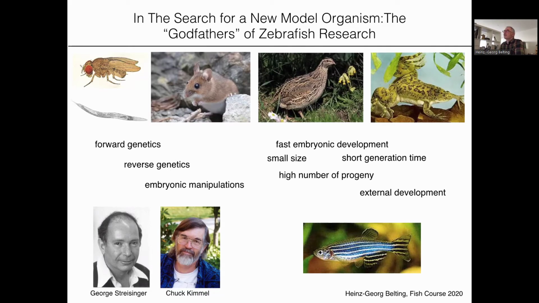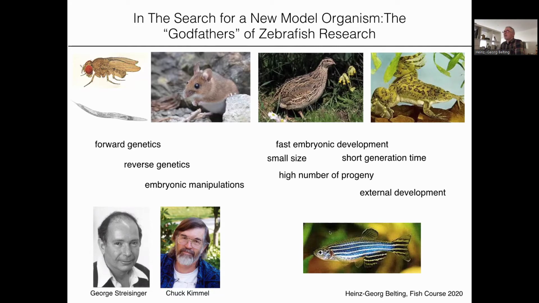These models here were good for different things. With mouse, you can do reverse genetics, and it's a mammal, so it's interesting. With chick or quail, people were able to do embryonic manipulations, but there was no genetics available, and the generation time is very long. And with xenopus, you can't really do genetics.